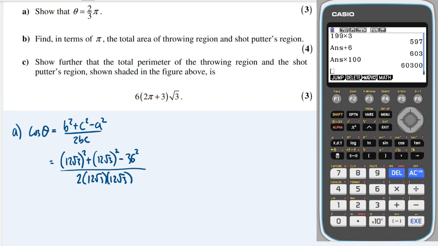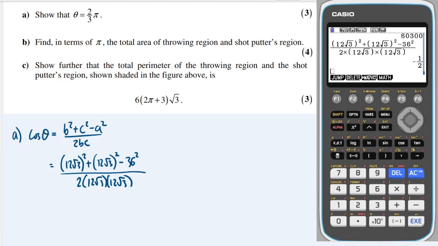Okay, I'll put that in my calculator, and that gives us minus a half. So then we just need to do cos to the minus 1 of the answer, and we get 2/3 pi.